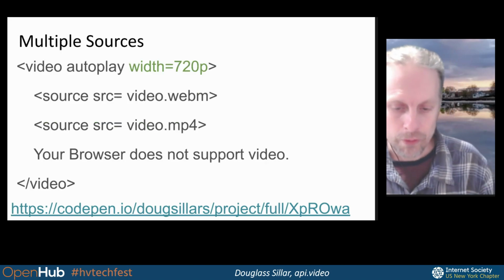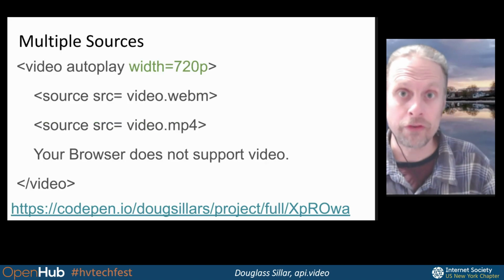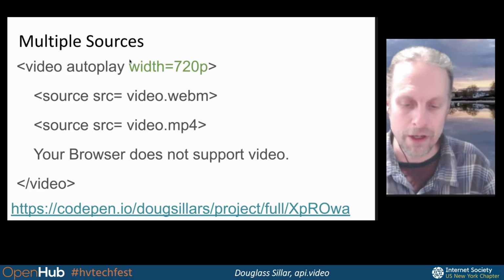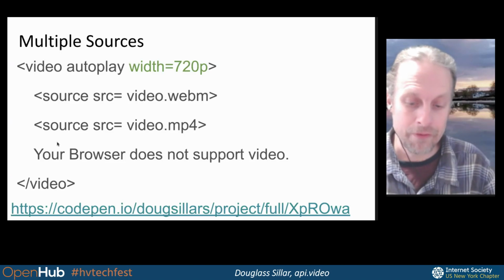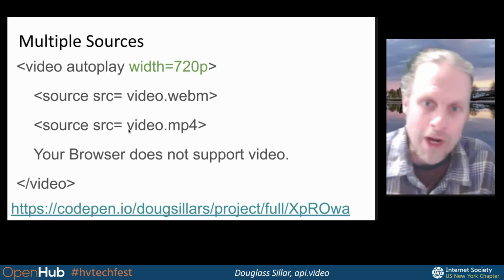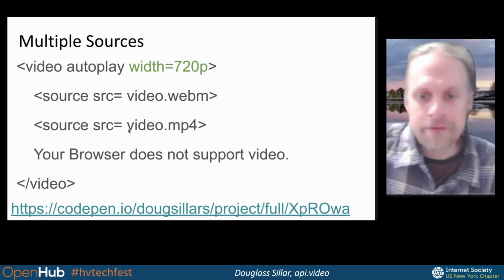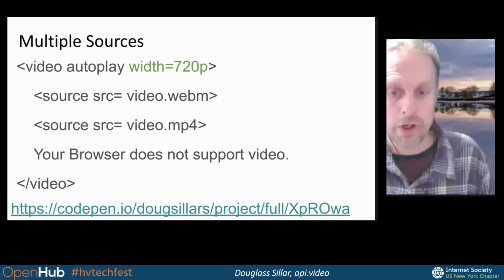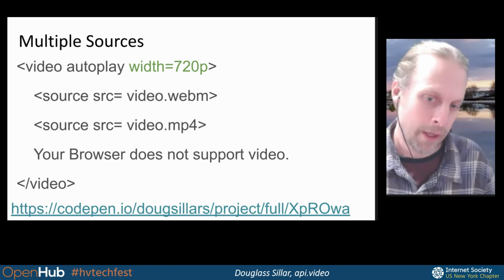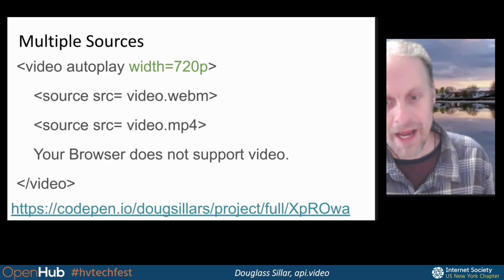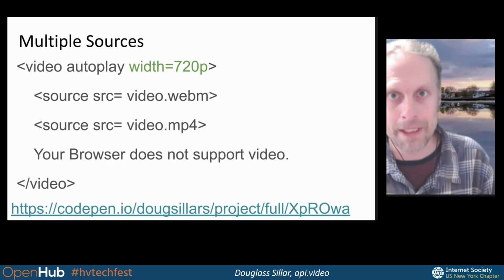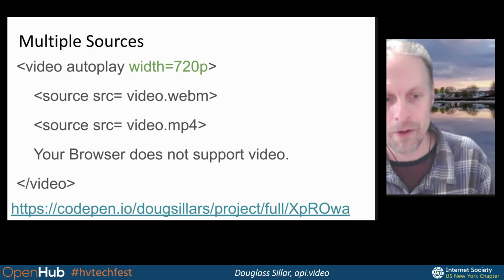Other things you can do is you can use multiple sources. So rather than put the source in the open tag for the video, you can apply different sources. And this is great because different browsers have different support. Just like with images, there's some that support AVIF or WebP versus JPEG or GIF.